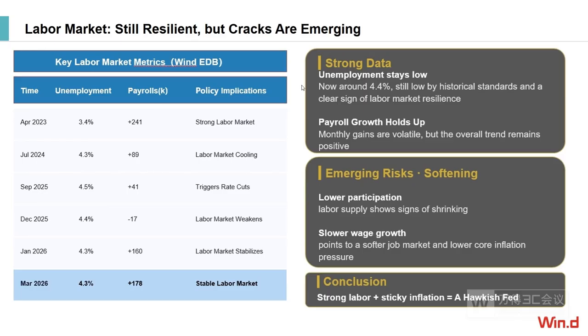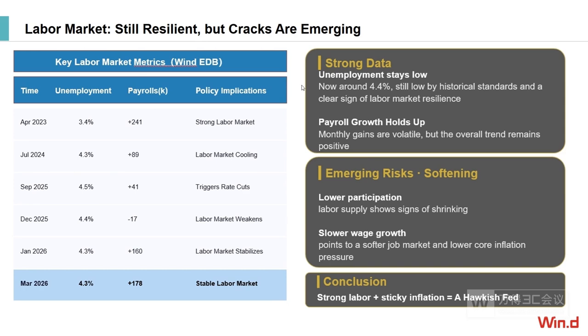The most salient feature of the current job market is the unemployment rate, which remains at a relatively low level from a historical perspective, providing strong evidence for the resilience theory of the labor market. Although monthly fluctuations exist, new non-farm payroll data have maintained an overall positive growth trend.